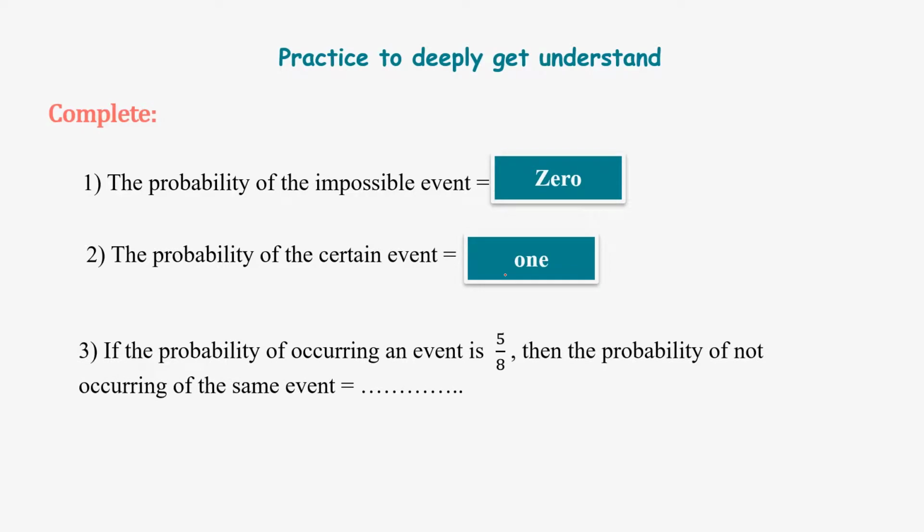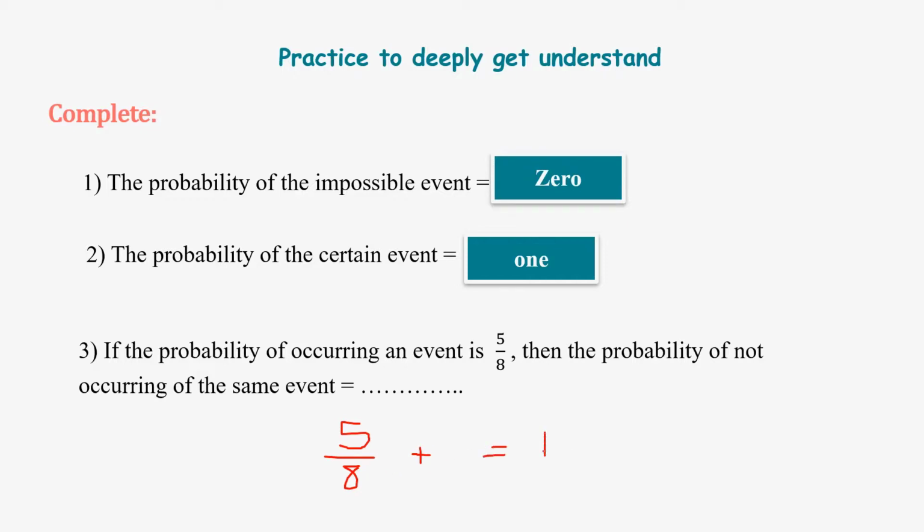Okay, the third one. If the probability of an event occurring is 5/8, then the probability of the same event not occurring equals, okay, here it is. The probability of an event occurring is 5/8, plus what to get the certain event, which is 1?